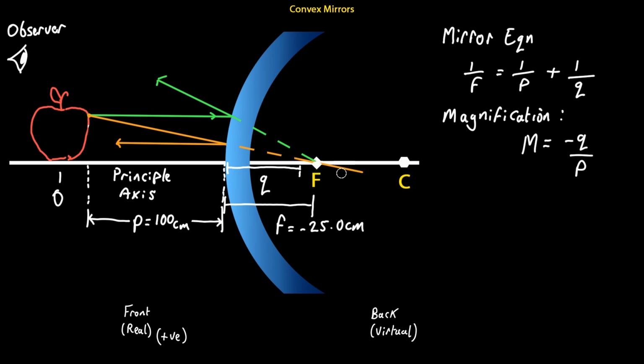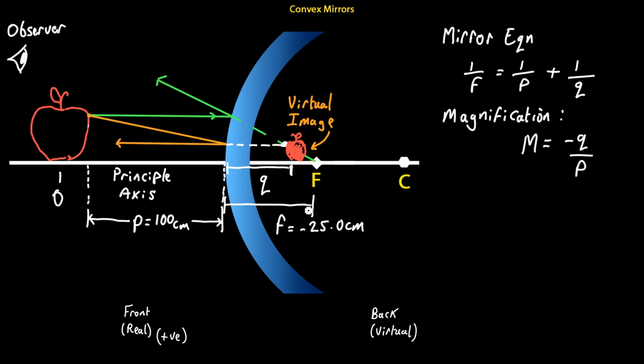Now these reflected rays never converge on the real side of the mirror. But if we trace back these reflected rays on the virtual side, these lines do in fact converge. And where they converge is the point where the image of our apple forms. And because this forms on the virtual side, the image itself is virtual, and the image is also upright, as opposed to being inverted or upside down.